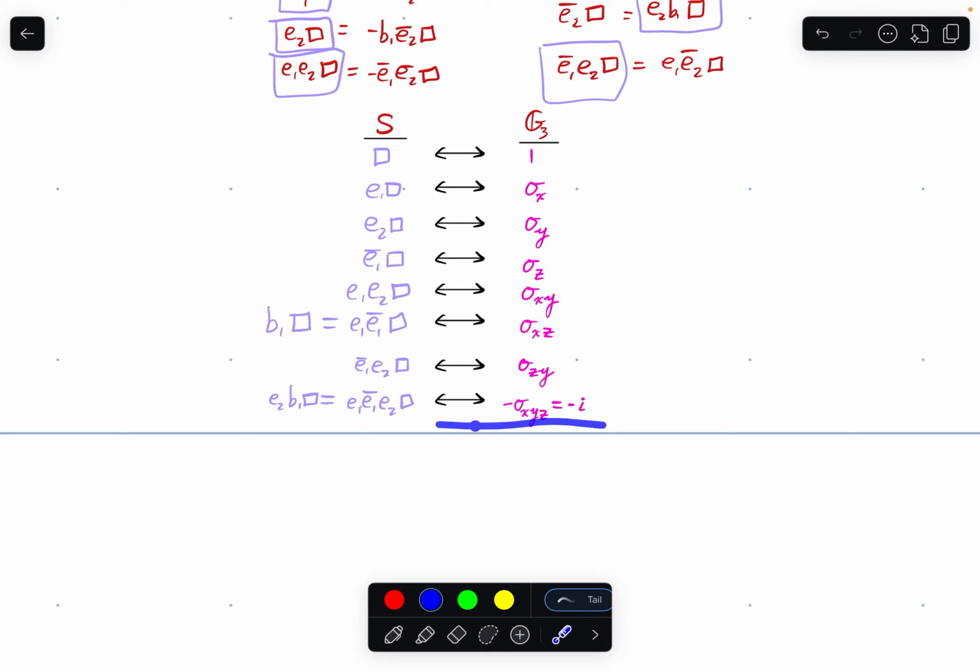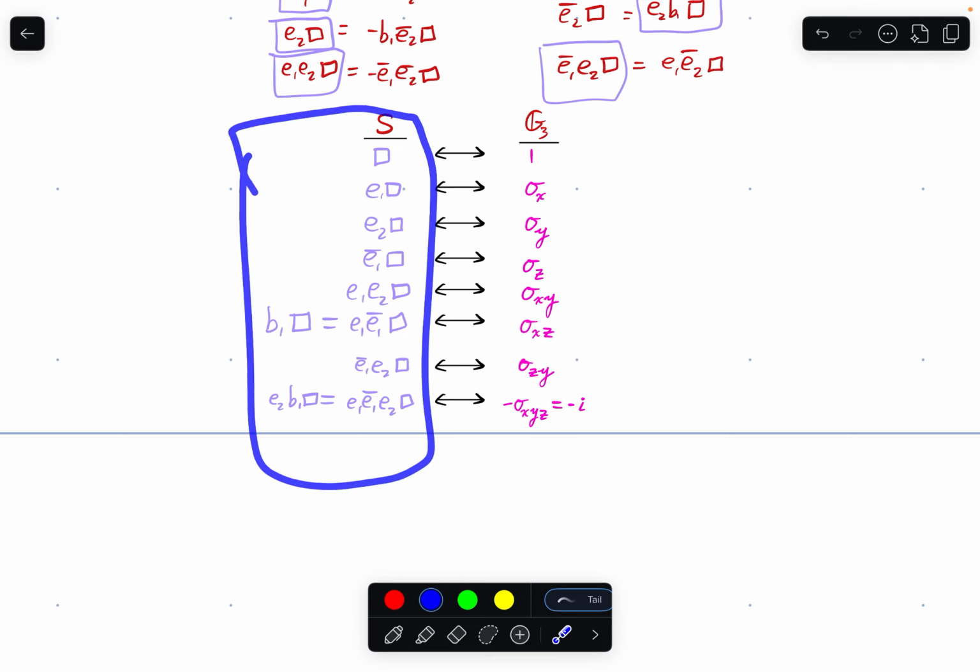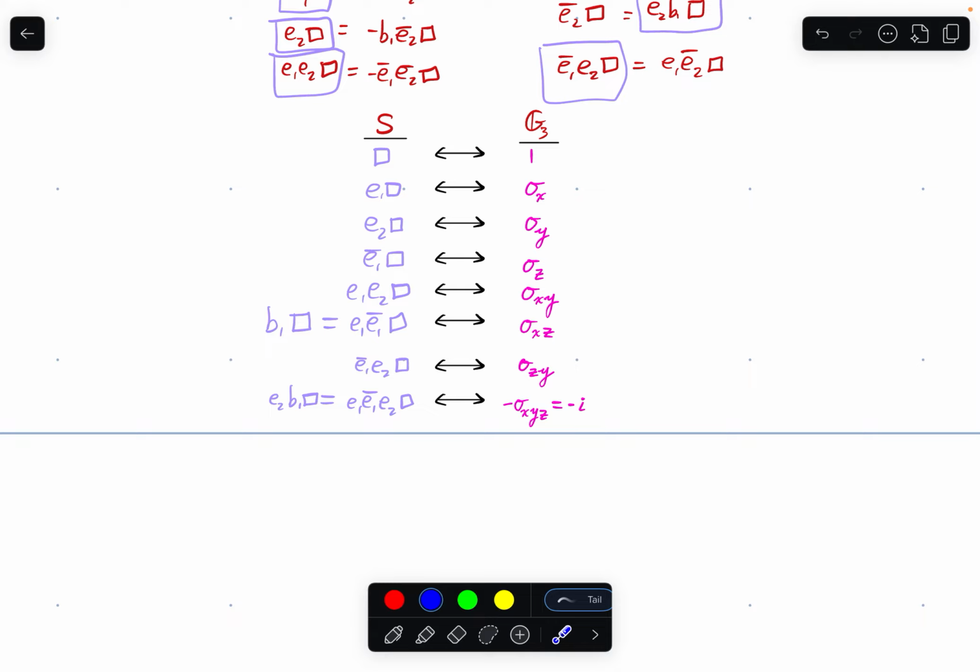So you can see the correspondence between the minimal left ideal, which becomes isomorphic to the algebra of physical space.